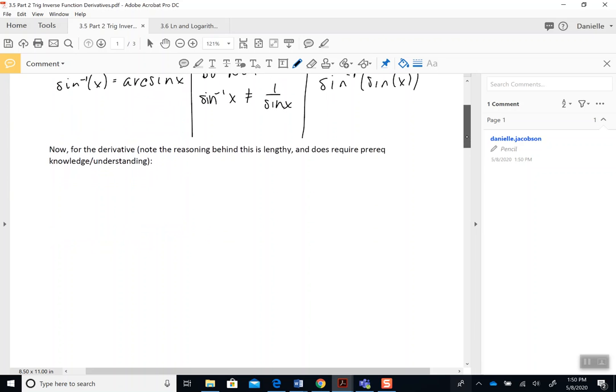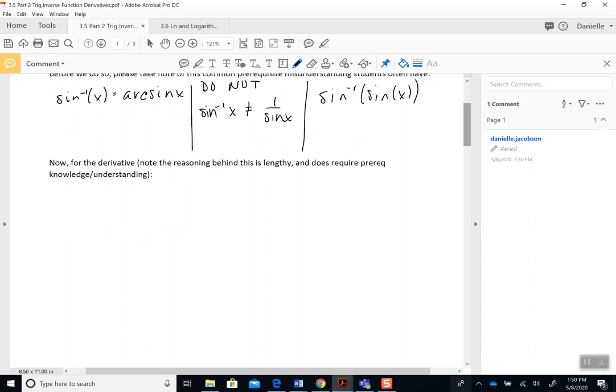Now that we've talked about that, let's go ahead and look at the derivative of the sine inverse function and the reasoning behind that. You will have to have a little bit of prereq knowledge, though I'll try to spell some of it out for you. And I do think it's important to understand this. The reason for that being, when you go to Calc 2, you essentially have to undo derivatives. In Calc 2, you kind of do the opposite of take derivatives. You start with a derivative function and then try to get back to an original with something called an antiderivative.